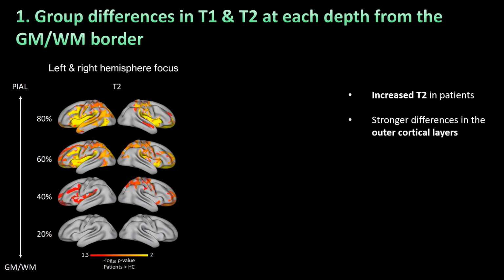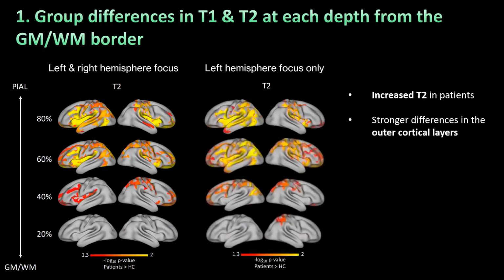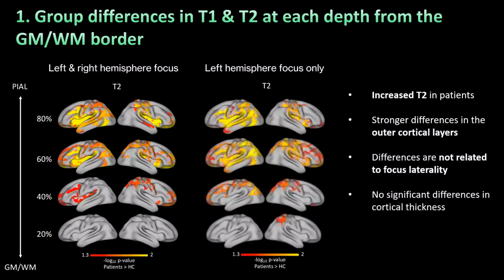Importantly, if we restricted the analysis to patients with left hemispheric focus only, these differences were again very widespread to both hemispheres, suggesting that the differences are not related to focus laterality. We didn't detect an effect of cortical thickness, suggesting that these differences are probably not due to atrophy. And we didn't detect any associations with clinical variables.